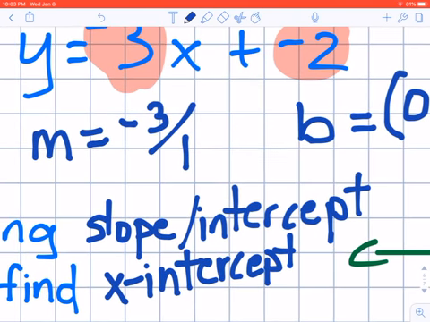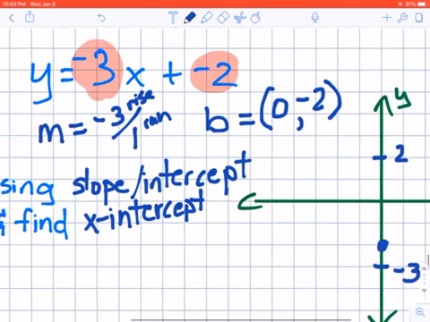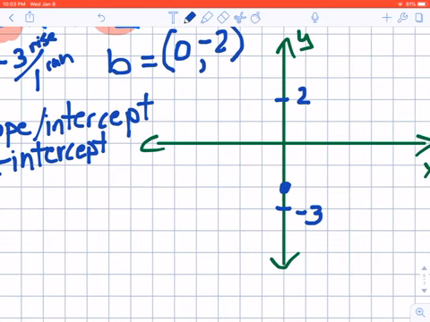Reminder, this is the rise, which is a negative number, and that's the run. So we're going to go down 3 and over 1. So let's go 1, 2, 3, over 1, and put a dot. And let's do that again, down 3, over 1.